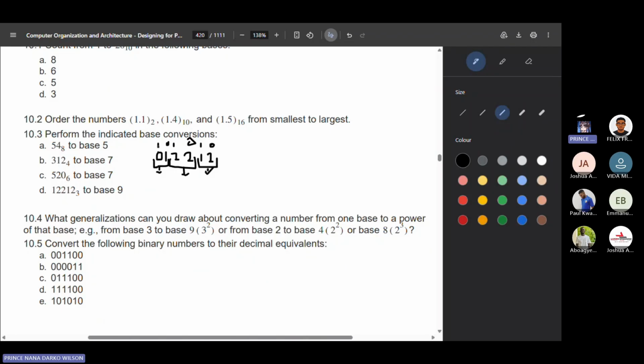If we're doing it straight, it would have been 0, 1, 2, 3, 4, 5. That makes it heavier when you're dealing with them. But over here, we just have to do 2 times 3 to the power 0, which is the same as 2 times 1, which is 2, plus 1 times 3 to the power 1, which is the same as 1 times 3, which is 3. So this number in decimal is going to be 5.